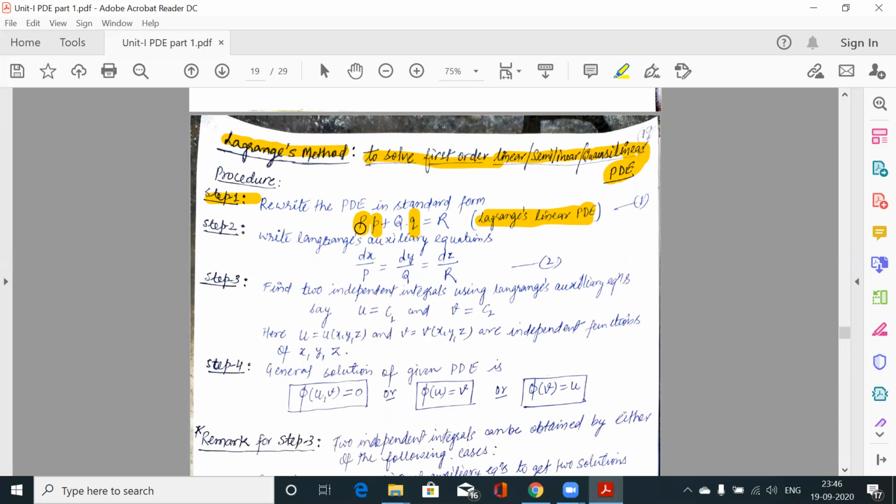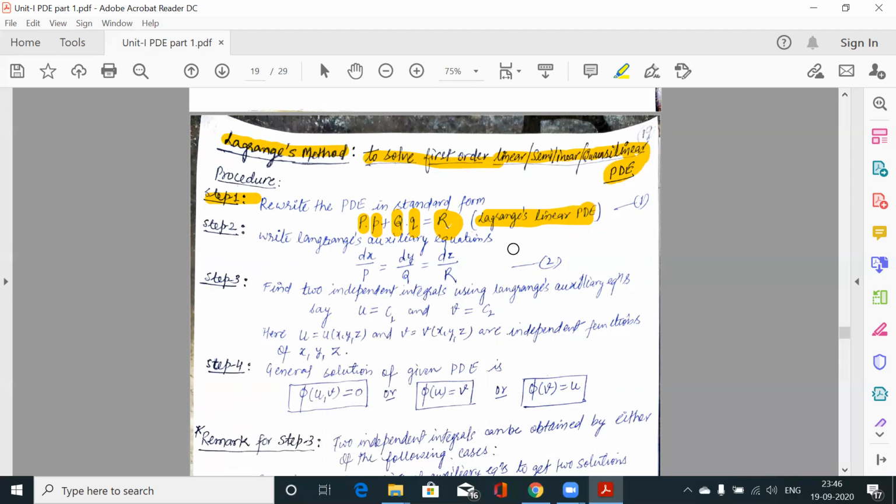This is the coefficient of p, this is the coefficient of q, and this is the right hand side. So we represent these by capital P, capital Q, and capital R. So if we are given any PDE, linear, semi-linear, Cauchy linear, we can make it in the standard form, Pp plus Qq is equal to R.